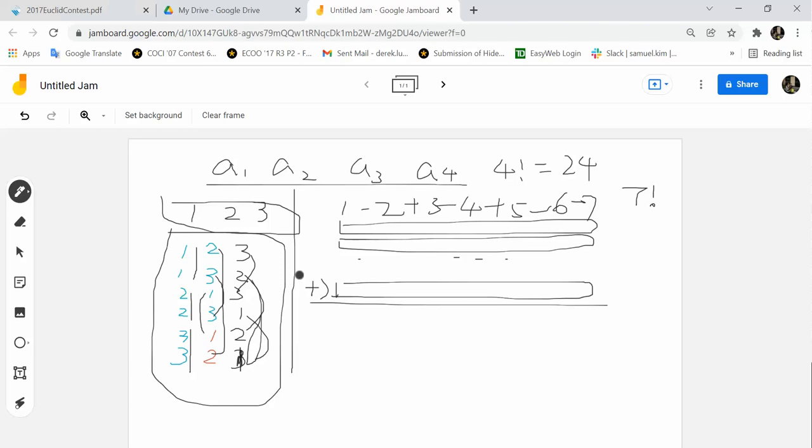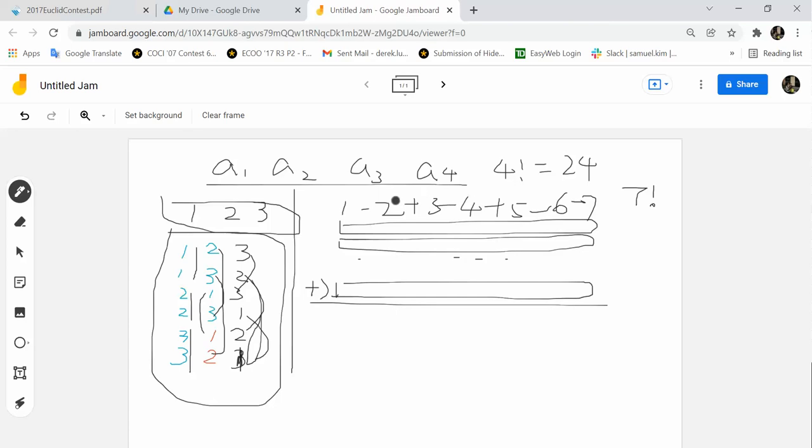So actually, there should be symmetry here, right? It's got to be symmetry. For each, 1 and 2 should show up exactly the same, symmetrically, because we're changing the order. If we pick this one first, if we generate by this one first, it's the same thing. We have the same number, right?